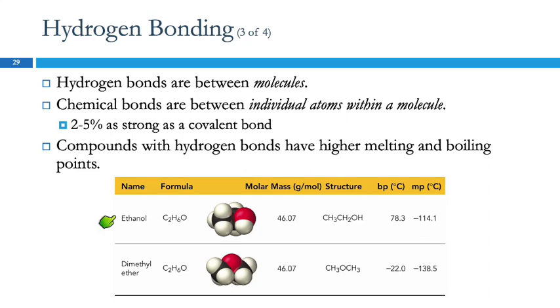So here we can compare ethanol with dimethyl ether, same chemical formula, so same molar mass. Which one of these looks lopsided? Or more lopsided? This one, right? This one has an oxygen in it, and so it is a little bit polar because this side is negative and that side is positive.